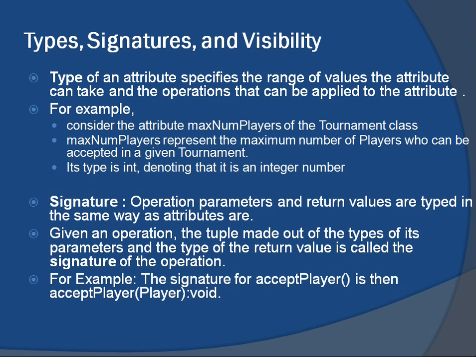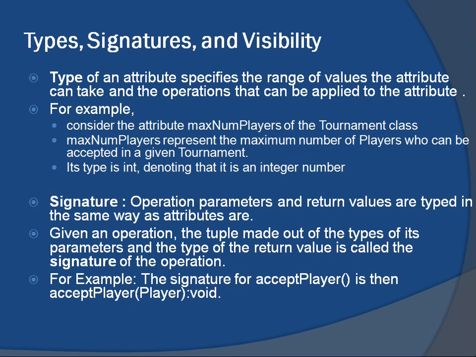Signature: the operation parameters and return values are typed in the same way as attributes. Given an operation, the tuple made out of the type of its parameter and the type of the return value is called the signature of the operation.